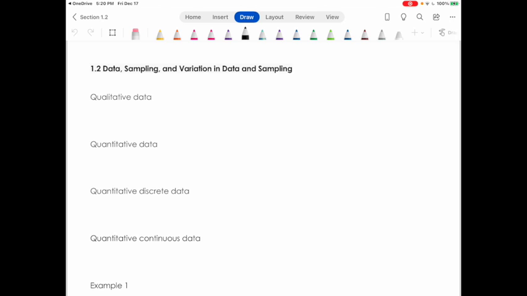So first off, I want to give you an overview of what this is going to look like. When we look at any data, I'll just label it as all data. All data can be broken down into two categories. We have qualitative data, and then we have quantitative data.